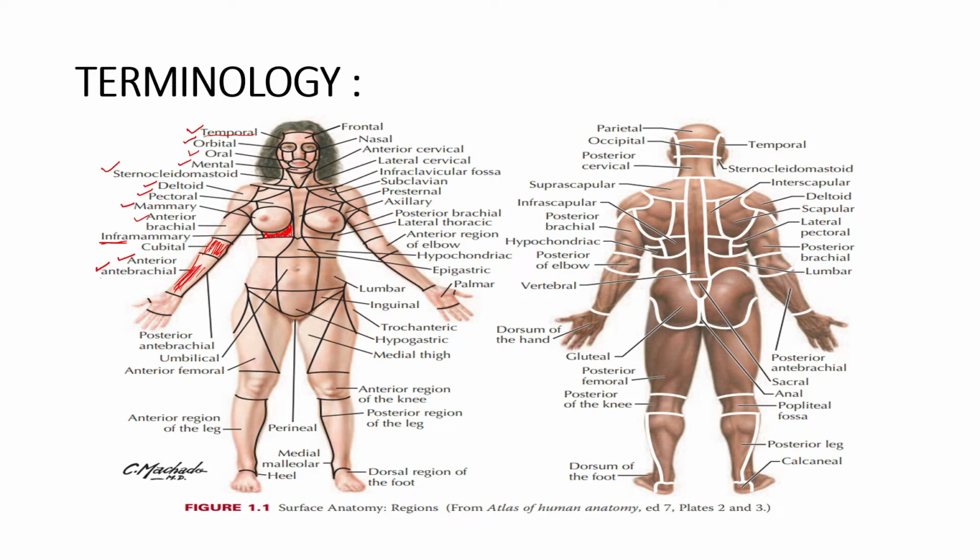Okay. Now comes umbilical. Umbilical means this is the navel portion. So umbilical region means this whole region beside the navel, or periumbilical means beside it. Umbilical comes from the umbilical cord.